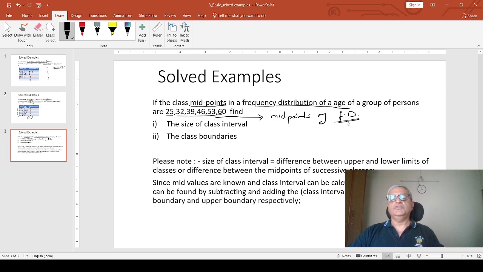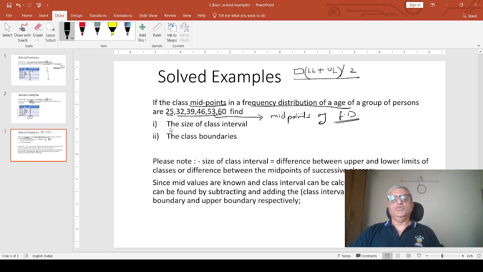So what is the midpoint of a class? Typically you find the midpoint in this manner: lower limit plus upper limit divided by 2 gives you the midpoint.